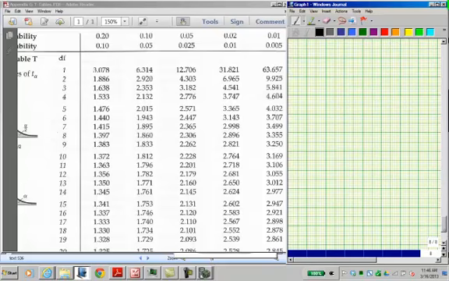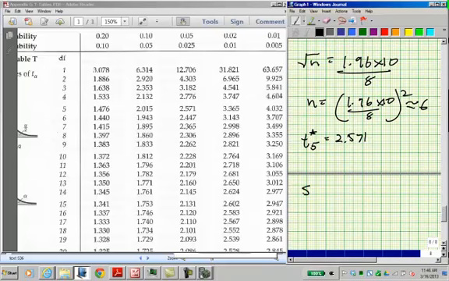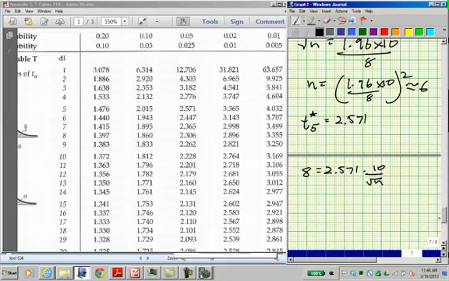All right, so now I'm going to say 8 equals 2.571 times 10 over the square root of n. And so now I'm going to say n equals 2.571 times 10 divided by 8, squared.